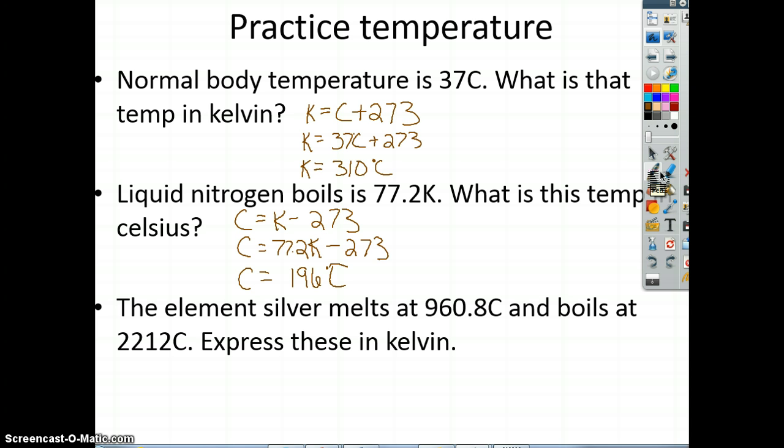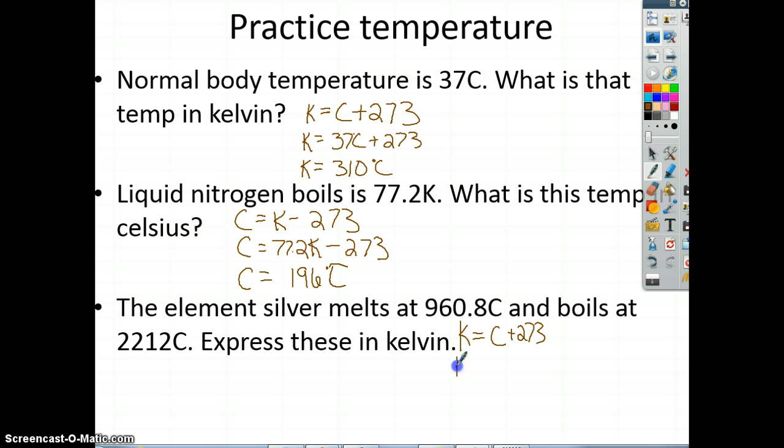Okay, the element silver melts at 960.8 degrees Celsius and it boils at 2,212 degrees Celsius. Express this in Kelvin. Okay, so I'm trying to find K, so I take C plus 273.